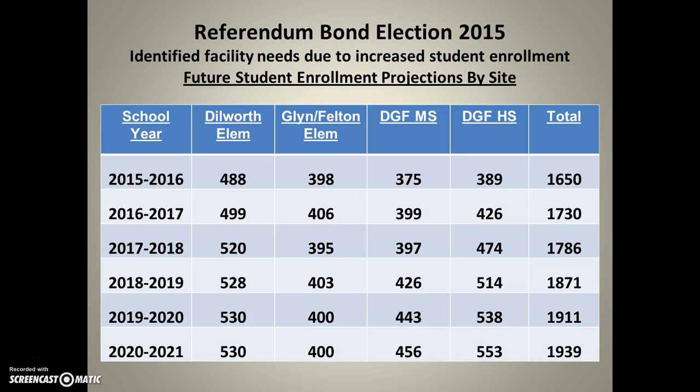But what is happening is definitely, as you look at our middle school numbers and our high school numbers, the middle school, which is currently 375 students, we know that we have to plan that they will be passing over 400 students, 450 by the fall of 2020. At the high school level, where we are not at 400 yet, we will need to plan for being over 500 students by the fall of 18.